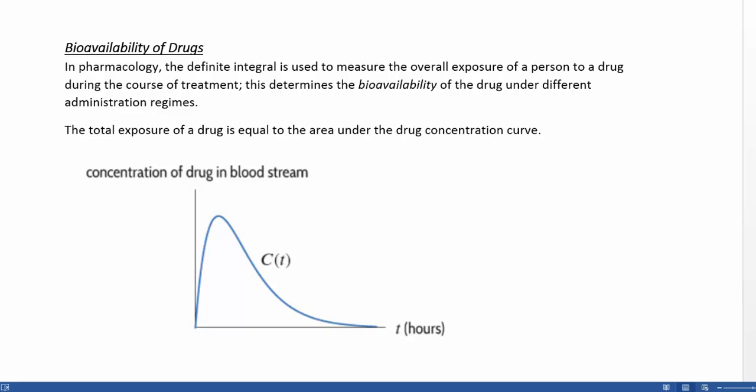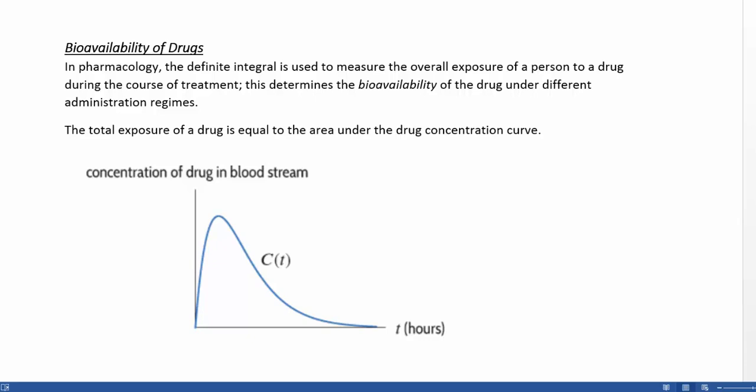So the total exposure of a drug is going to be equal to the area under the drug concentration curve. This graph should look familiar because we worked with it in an earlier section, because this represents a surge function. So when we look at the area under a surge function, we can calculate how exposed someone has become to the drug.